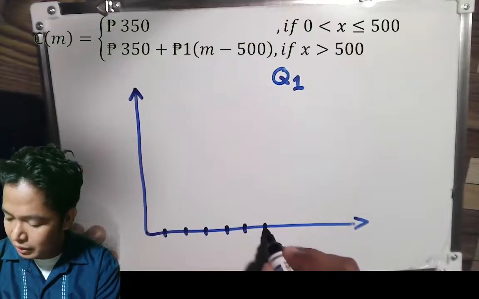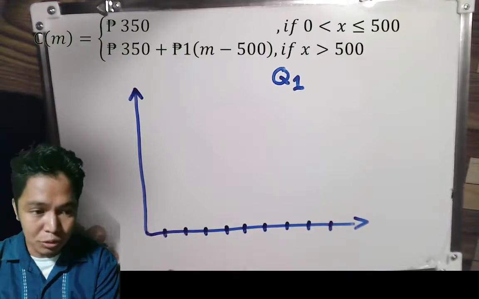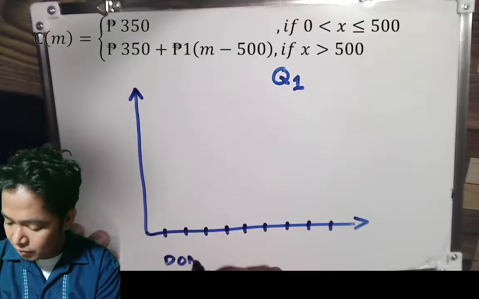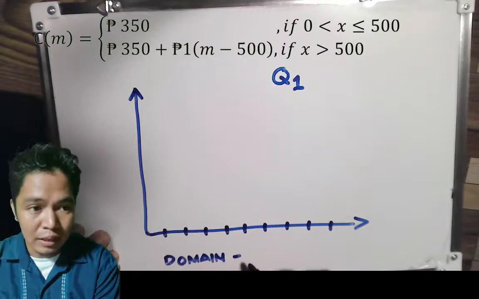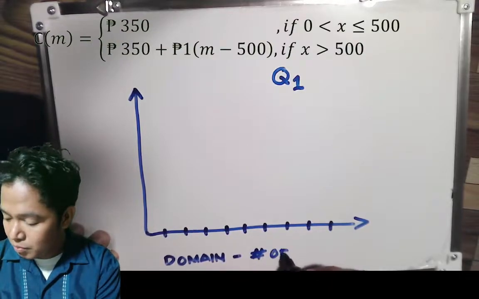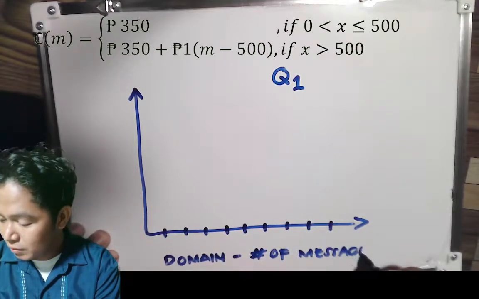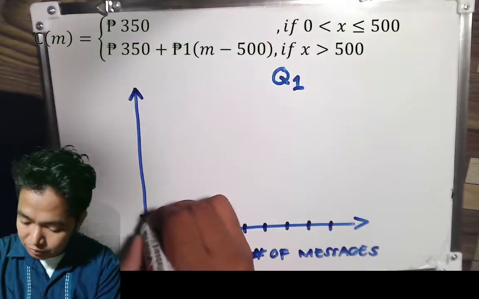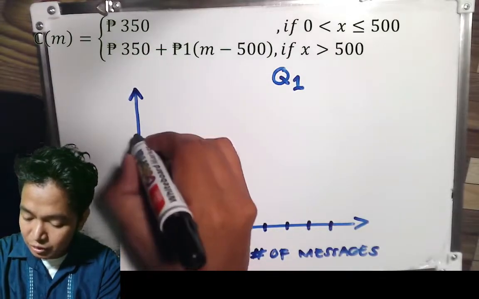Ito ang ating x-axis at ito ang magre-represent ng ating domain. Dito ay yung number of messages. Okay? Dito naman sa y-axis is yung cost. Ito rin yung mga range natin.